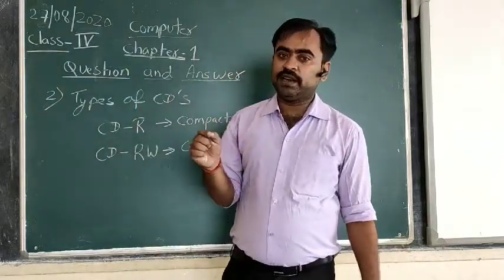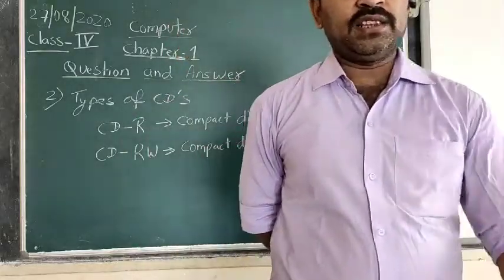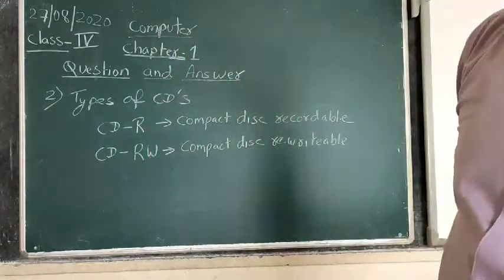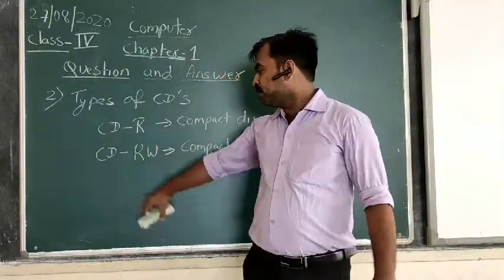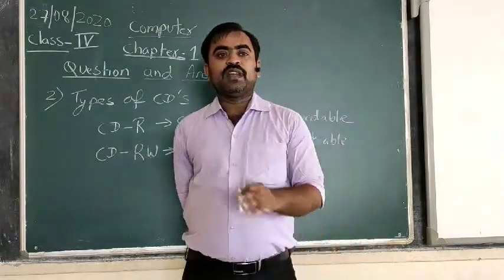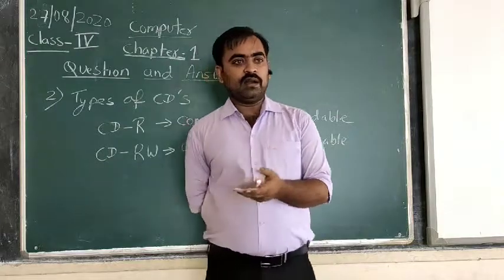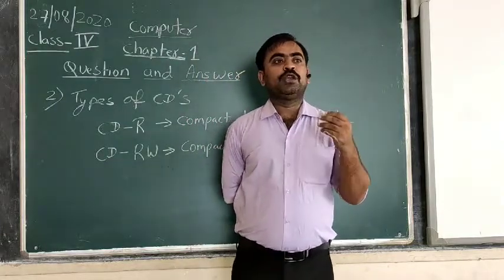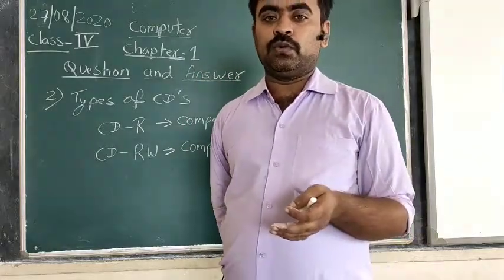But once you have written any data, afterwards you cannot make any changes to that data, or edit or erase the data from CD-R. Whereas CD-RW, that is CD rewritable, is also similar to CD-R, but the difference is that you can rewrite again and again on the CD-RW.